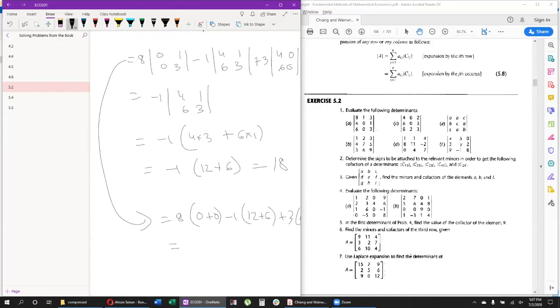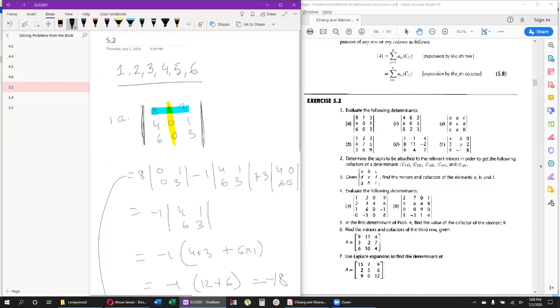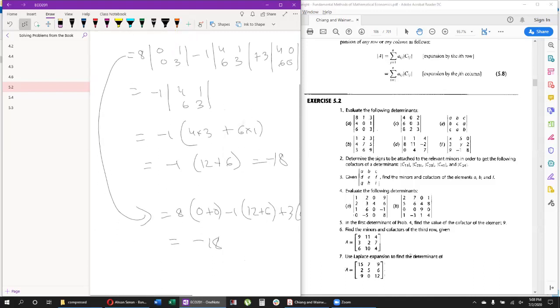And so of course, oh sorry, this is minus 18, and we get minus 18. So the same thing, but whenever we have freedom to select one row or one column, pick the one that simplifies your task.